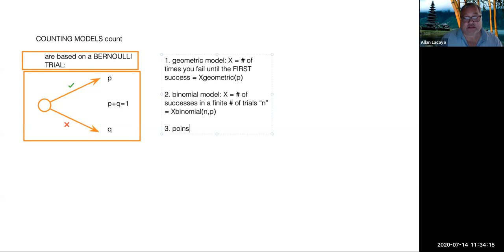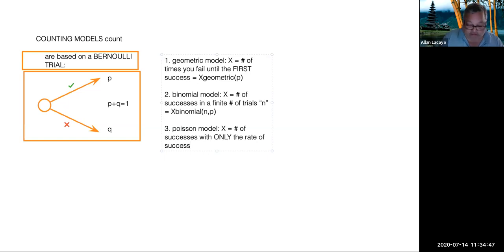The last model is called a Poisson model. By the way, you have separate notes for a binomial story, a geometric story, and a Poisson story in your Canvas notes. In a Poisson model, X is equal to the number of successes when all you know is the rate of success.